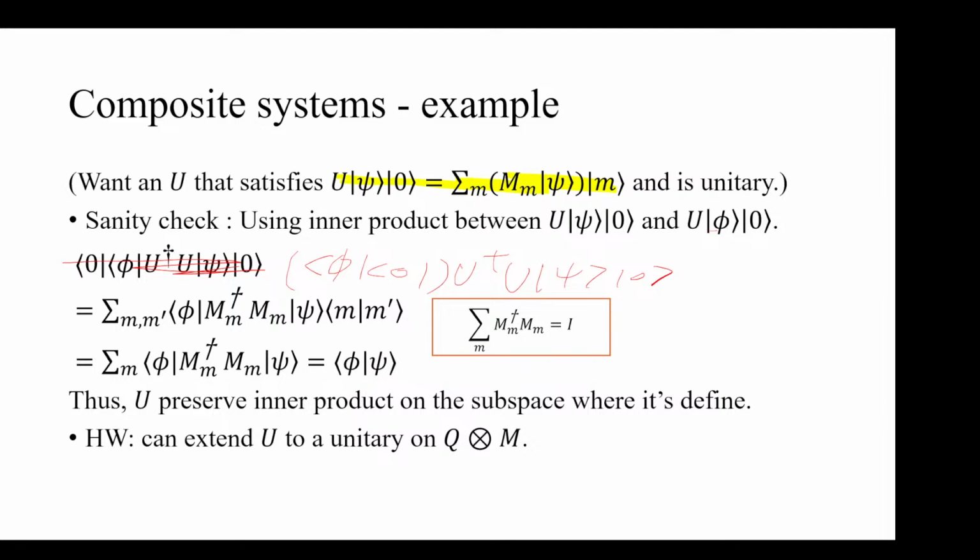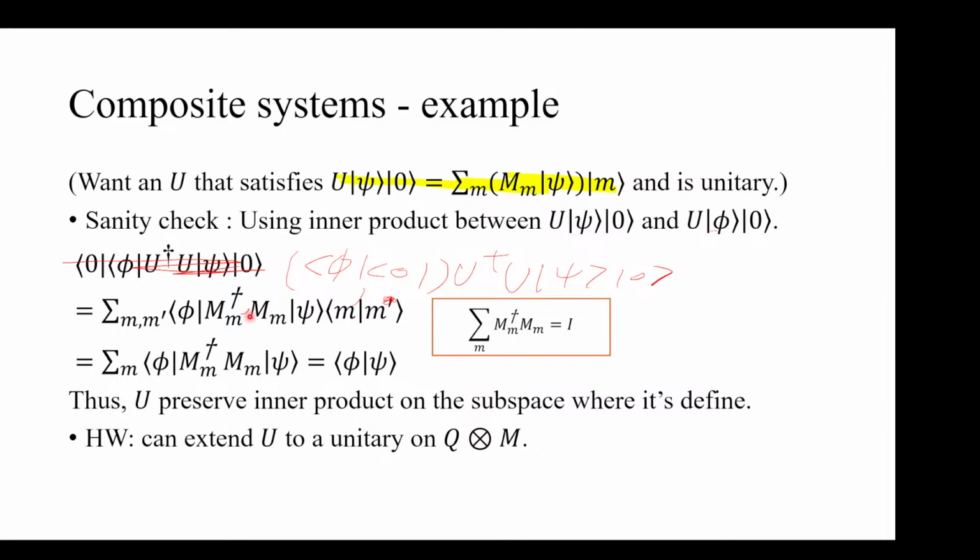Sorry, it's another typo. And then U on psi 0 should be a similar thing: a sum over another m prime, and here should be m prime.